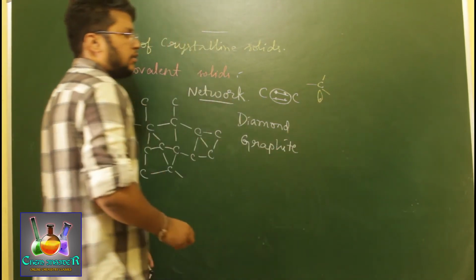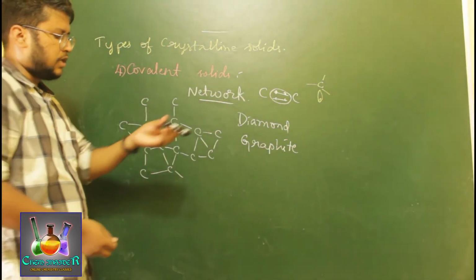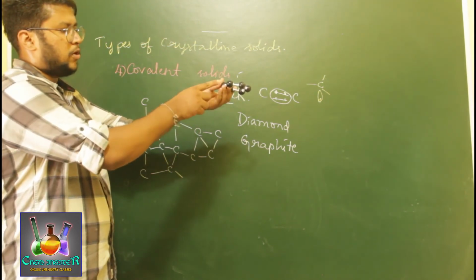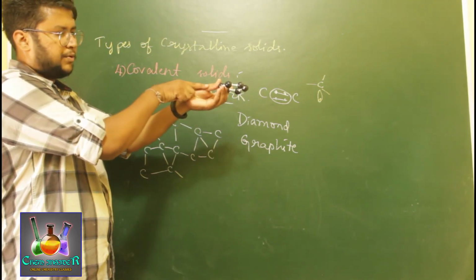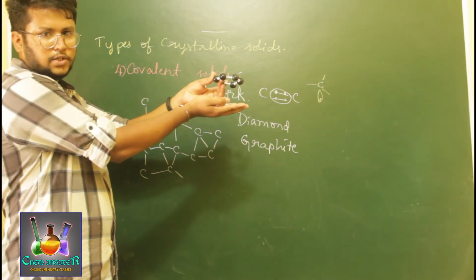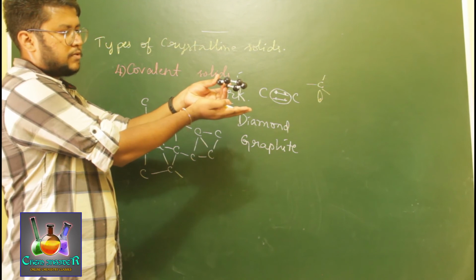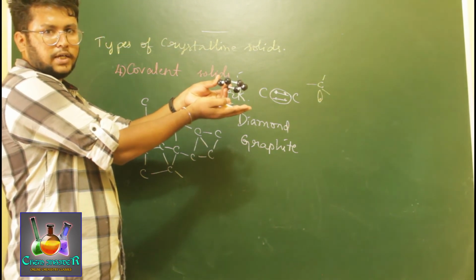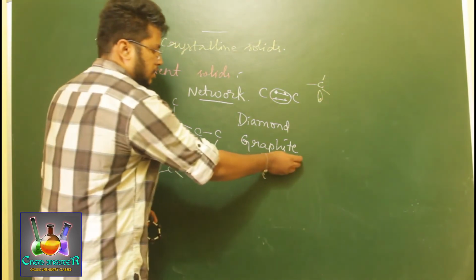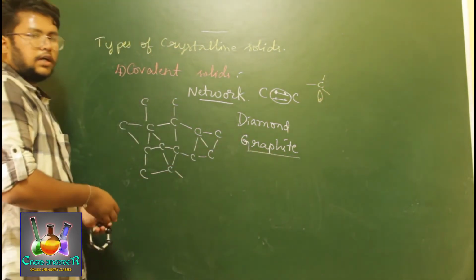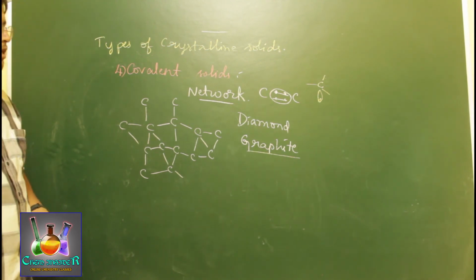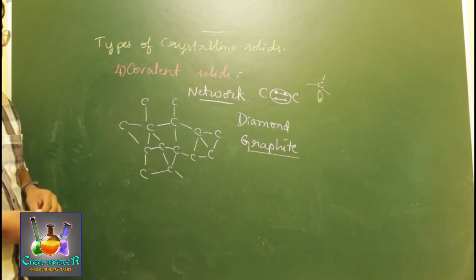That electron is present between the 2 layers and is free, so it can conduct electricity or heat. Therefore, graphite is a very good conductor of heat and electricity despite being a covalent molecule.